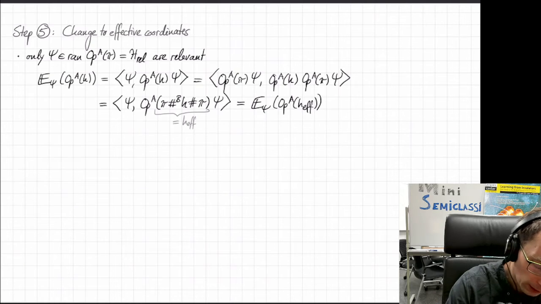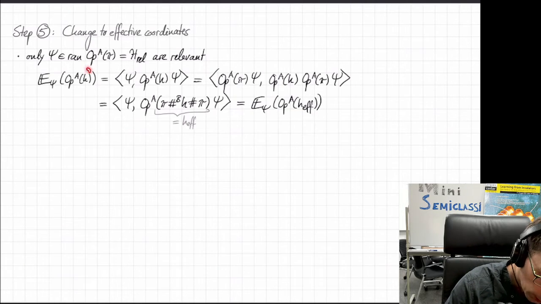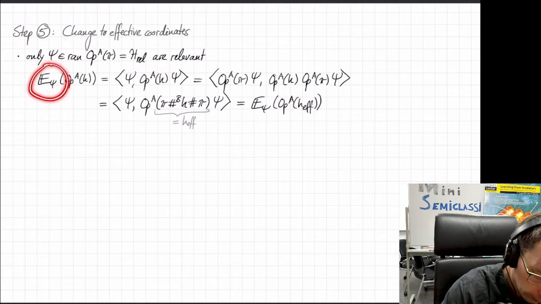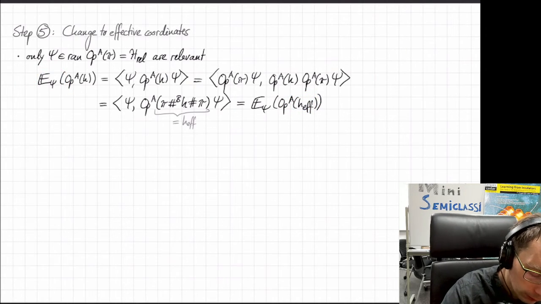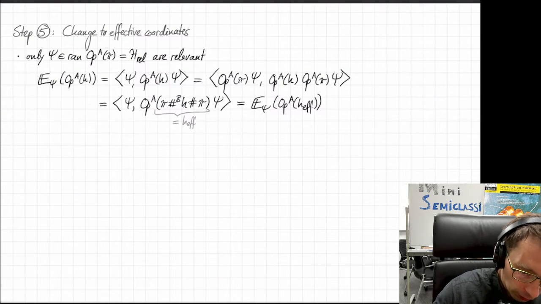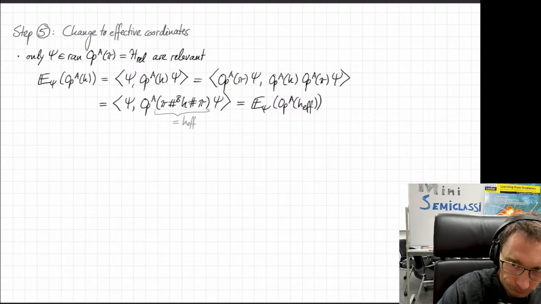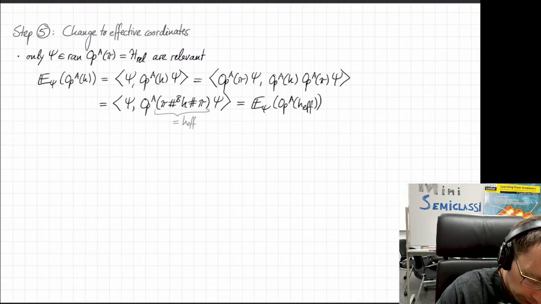So we can replace H with H effective for the purpose of computing expectation values with respect to states from the relevant subspace. And the same argument holds verbatim for other semi-classical observables.